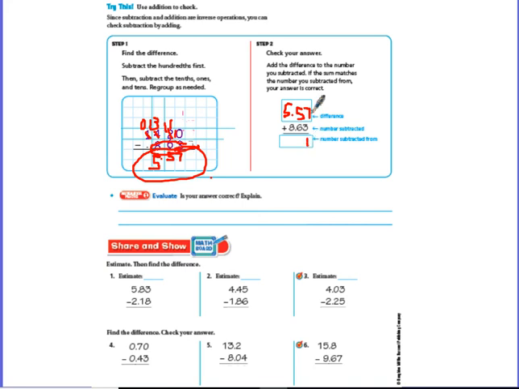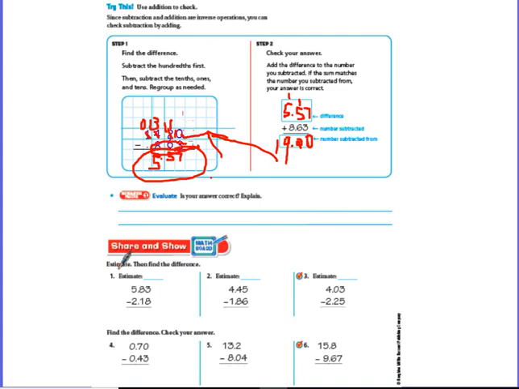And when I do that, this answer, whoops, sorry, I added it wrong. This answer should match that answer. If it doesn't, that's telling you something is wrong.